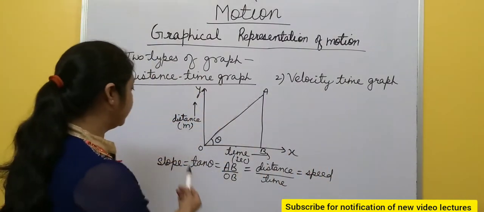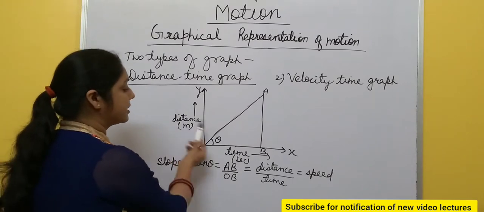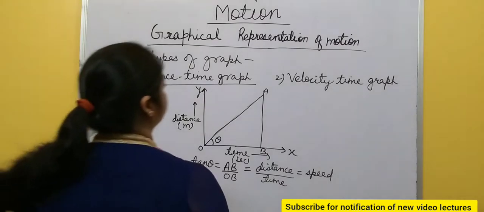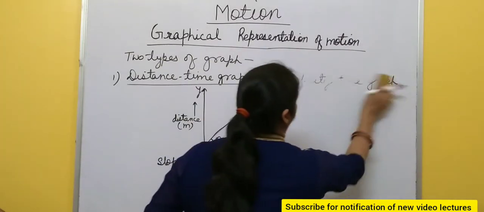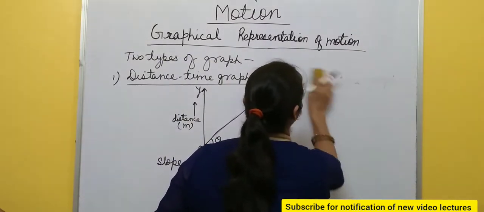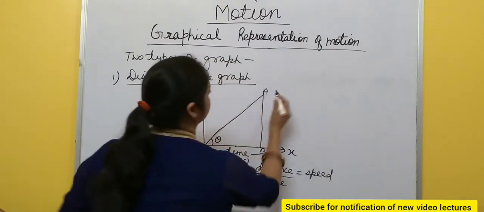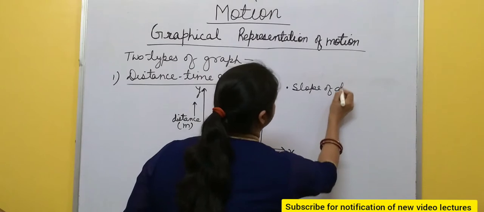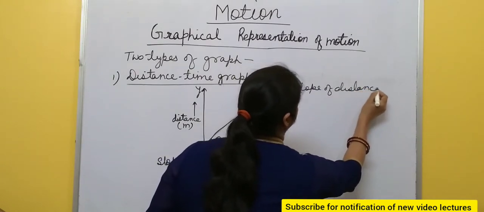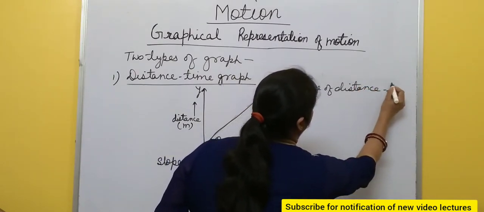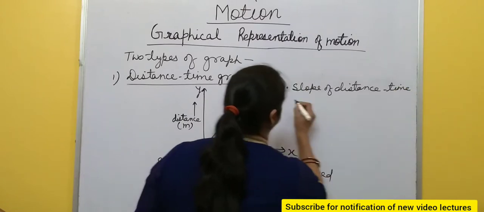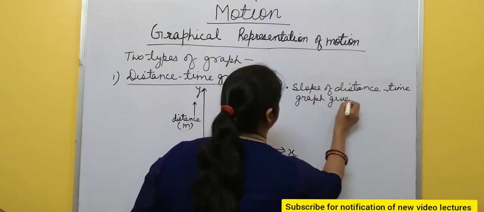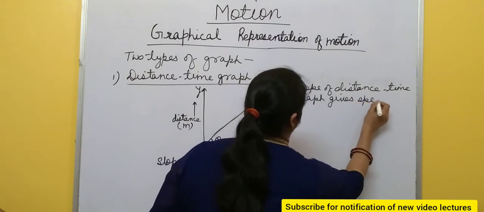So here we get that the slope of this distance time graph gives speed. You can write this down. This is a very important thing: the slope of the distance time graph gives speed.